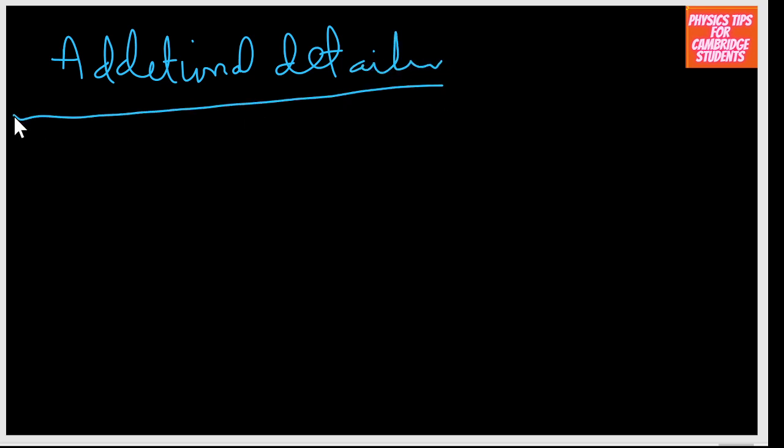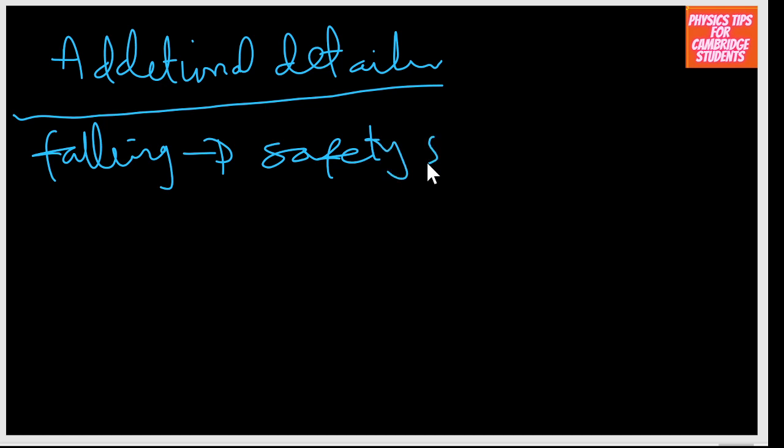For something that is falling, always you need a safety screen. You also need a cushion. That is, if it's going to fall on the floor, you would need a cushion. You also need safety goggles for something to prevent injury.